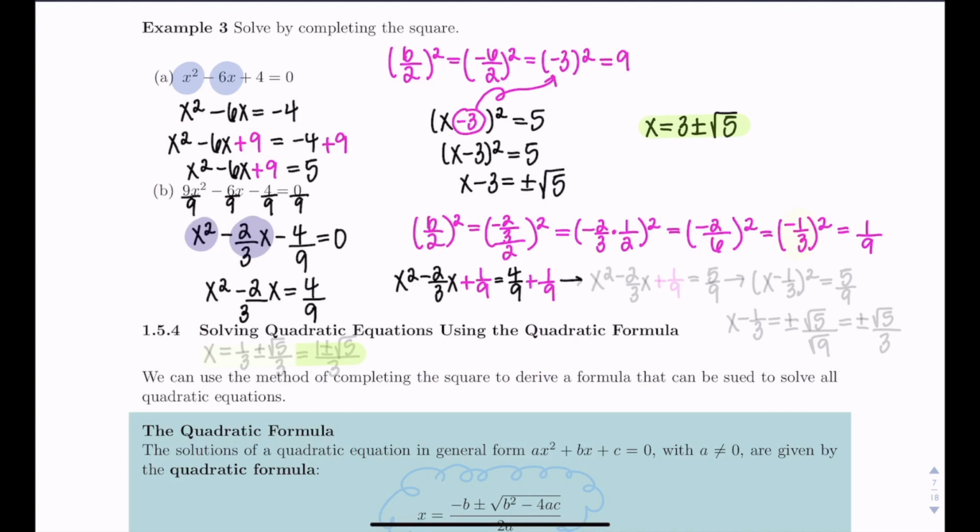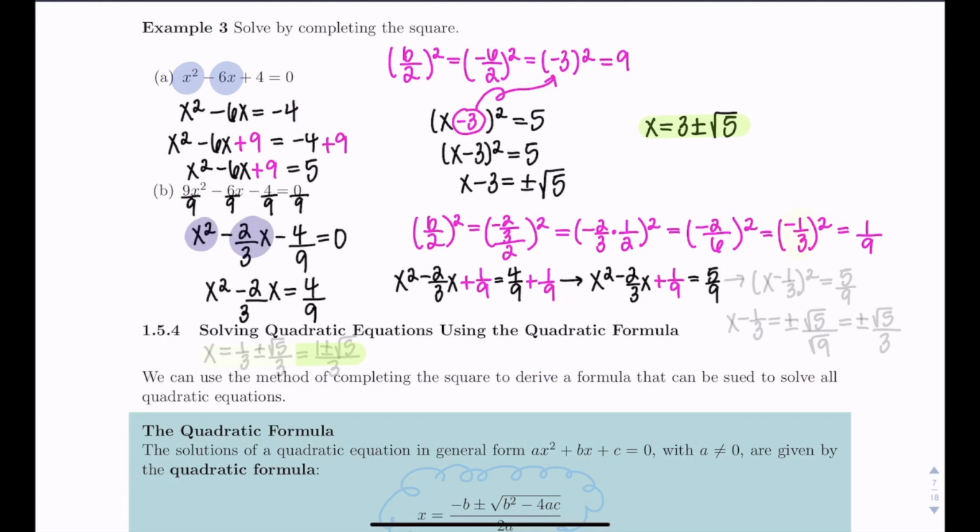We can simplify the right-hand side by adding 4/9 plus 1/9. So we have x squared minus 2/3 x plus 1/9 equals 5 over 9. The left-hand side simplifies into a nice piece that's squared.